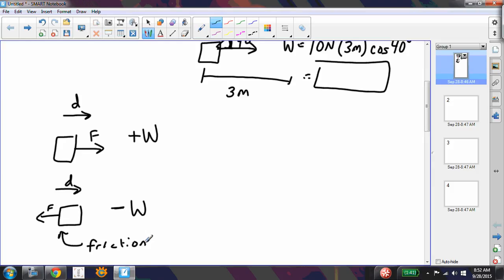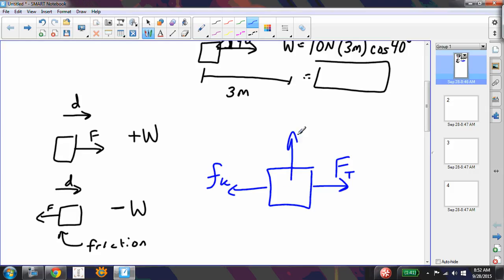Now remember, I'm talking about a single force, but there could be multiple forces on an object. So if I have a tension force here, I have a frictional force here, and I have a normal force here, and I have the weight here.